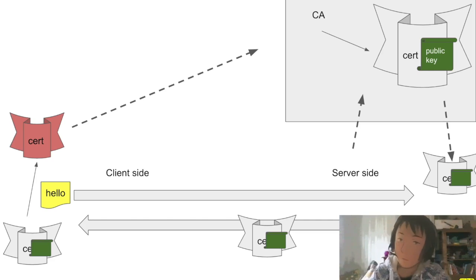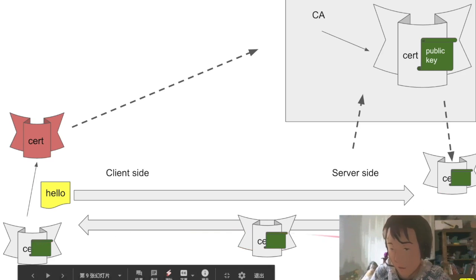As I mentioned, this envelope will be deployed on the server side, and when the client side accesses the server side, the server will send the envelope to the client side. Inside the envelope is the green key. The client side will then open the envelope and use the green key for the following communication.